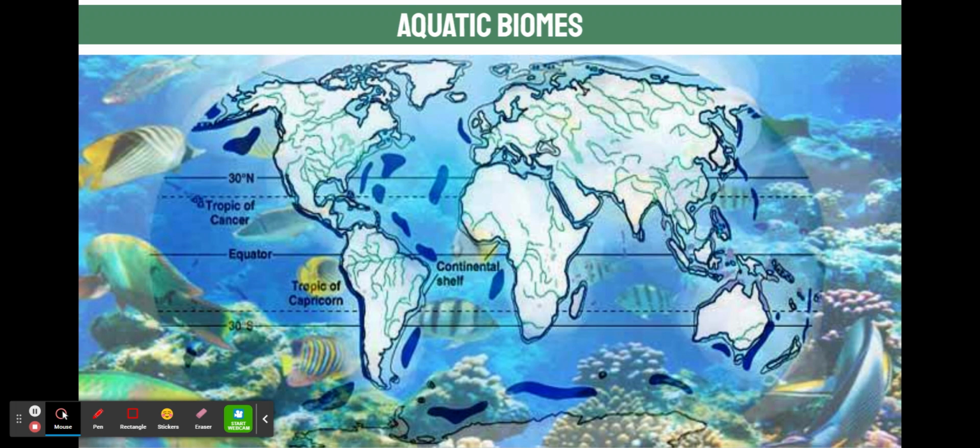Here's just an overview of the aquatic biomes around the world. There are not as many as the terrestrial ones, but there are quite a few, and they're defined by either saltwater versus freshwater.